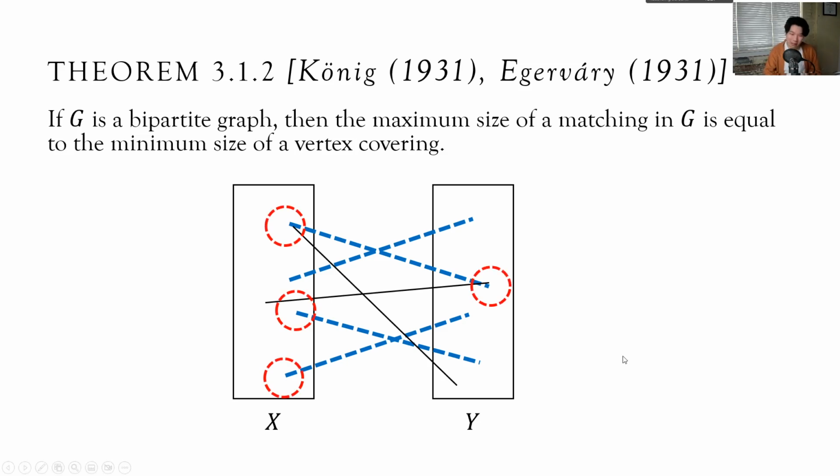And accidentally I did make a typo here. The circle should be up here instead. So if I take one vertex from each edge of my matching, this should cover the entire graph. It should be a vertex covering of the entire graph.